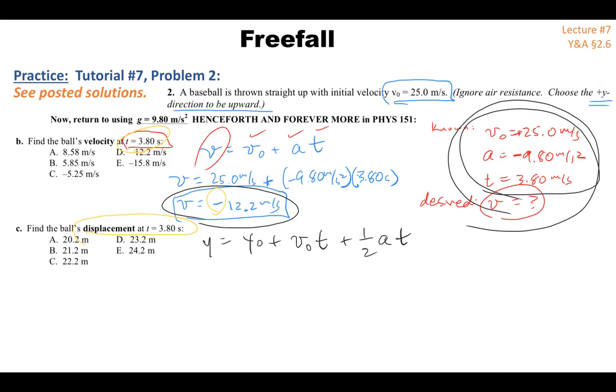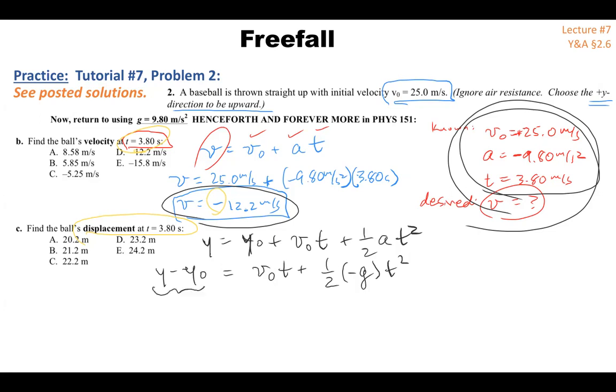You may have noticed that we've written them with x prior to now. I'm just switching to y because it's traditional to use y for vertical quantities and x for horizontal quantities, but the equations otherwise are exactly the same. Y is just a position, just like x is a position. And in this case, I'm going to convert that into a displacement by moving y naught to the left side of the equation. And the acceleration will be negative g because we've chosen the positive y direction upward away from the center of the Earth.